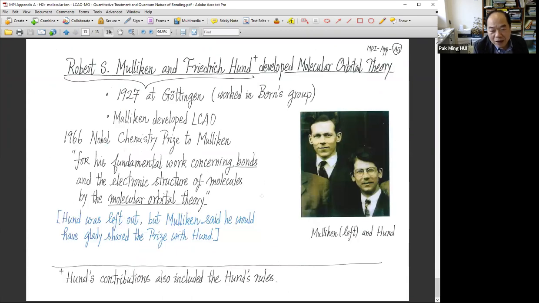investigation. So finally, I would like to introduce the big names of this business. The 2 big names, and there is a third one really big behind this, okay? The 2 big names are Robert Mulliken and Hund. We have mentioned Hund many times, but he never got the Nobel Prize for strange reasons.